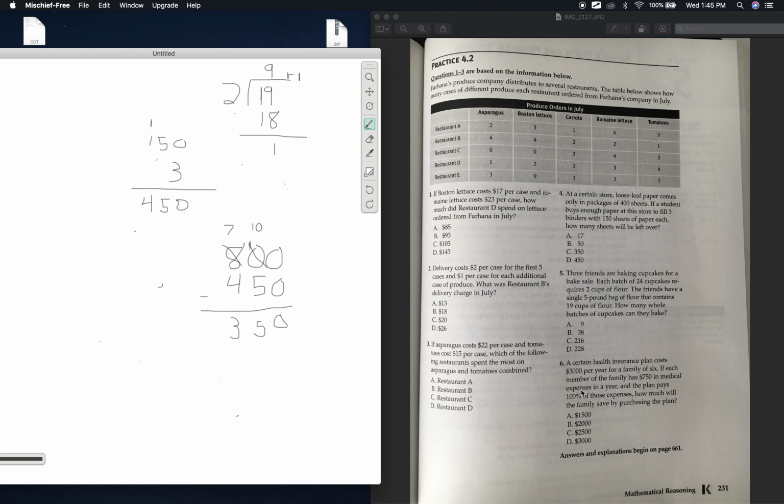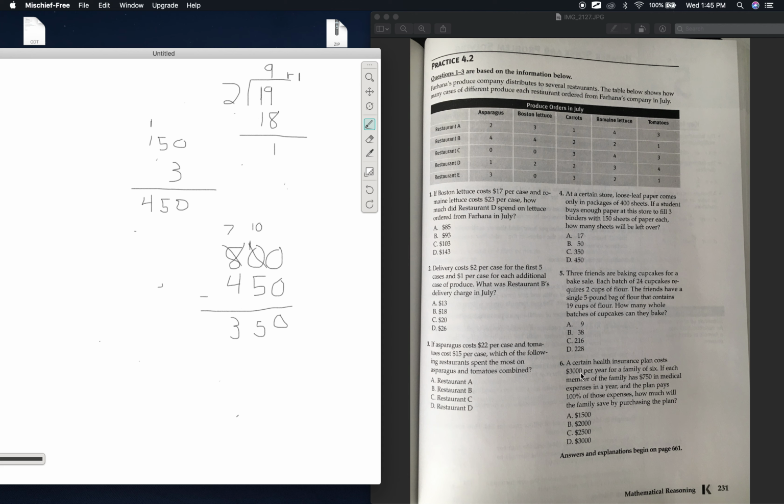Okay, so this number 6, a certain health insurance plan costs $3,000 per year for the family of 6. If each member of the family has $750 in medical expenses in a year and the plan pays 100% of those expenses, how much will the family save by purchasing the plan? So what we're trying to do here is we know that the cost is $3,000.